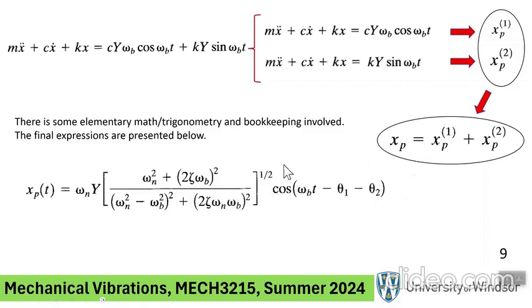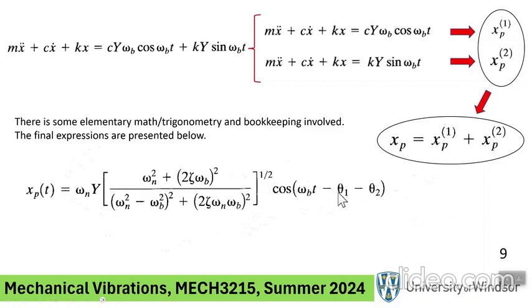There is an amplitude in the front, right there, and there is a cosine of omega_b t, the driving frequency times t, minus these two phases.